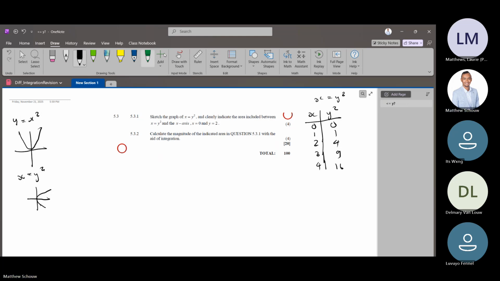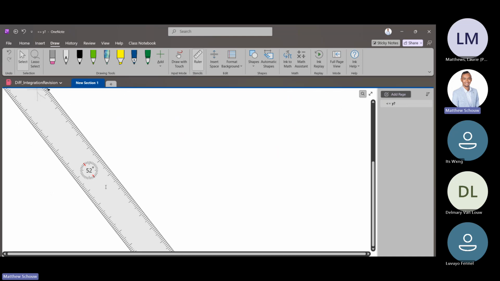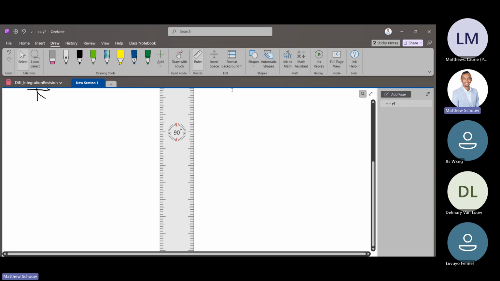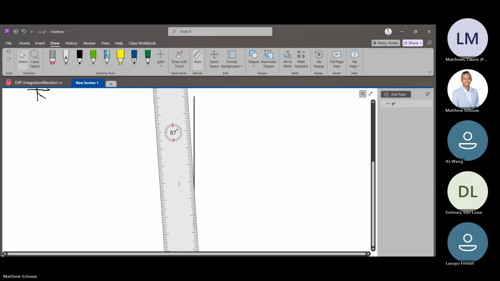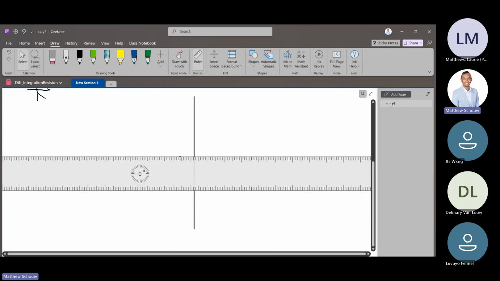So then, if you plot the graph, let's use this here quickly. I can use grid lines. Okay, it's fine. So you have a line like that, and another line like that.